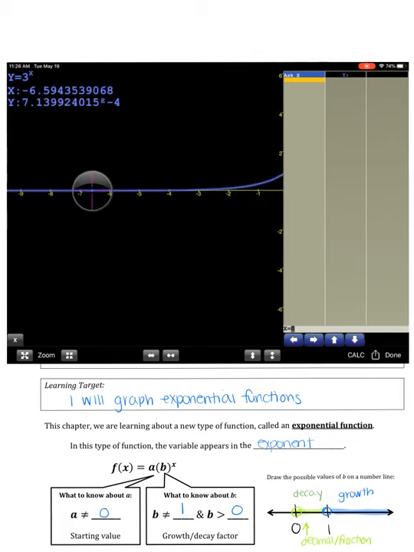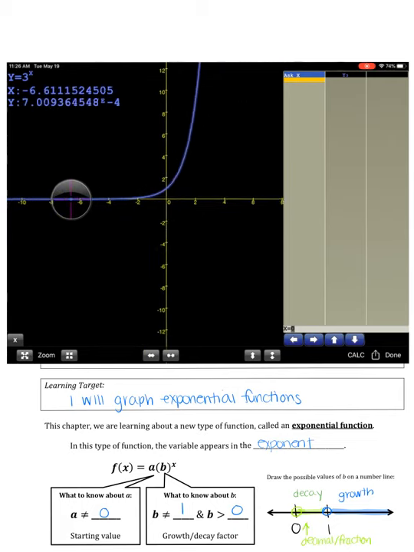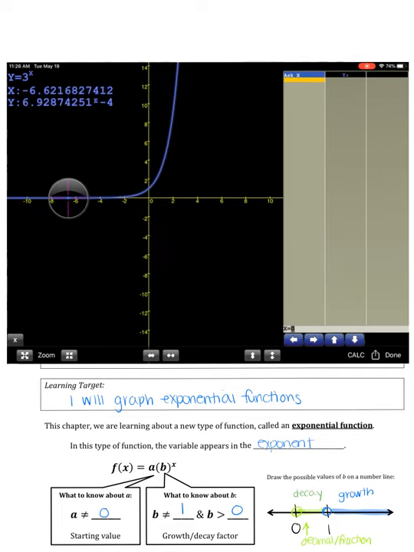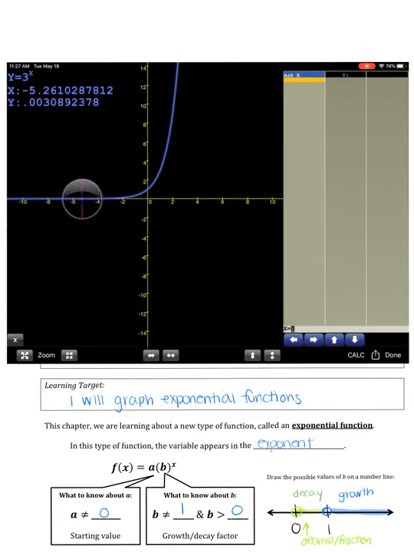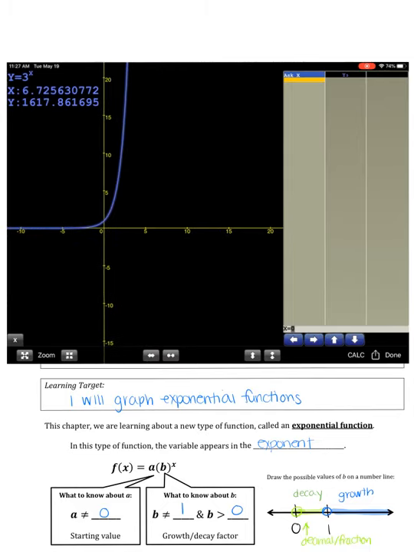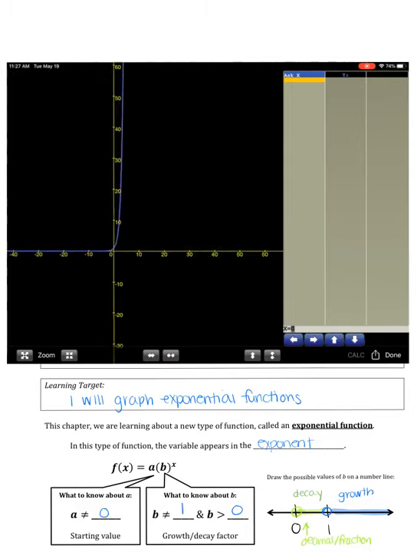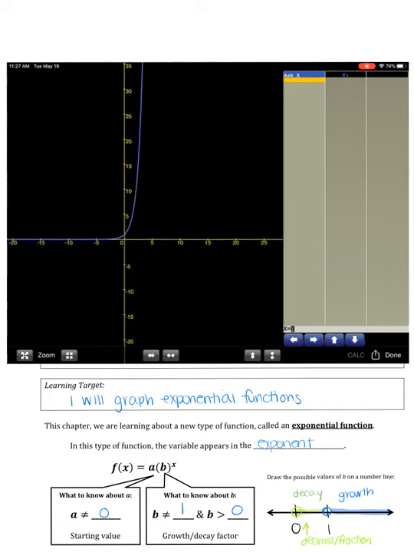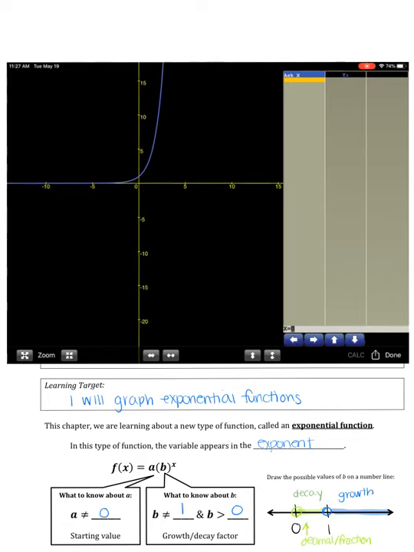If we zoom in, we'll notice that it never actually touches the x-axis, but it does get forever close to it for infinity. And then as we get bigger on the x, it gets exponentially bigger on the y, and it keeps going up forever and ever in that y direction.